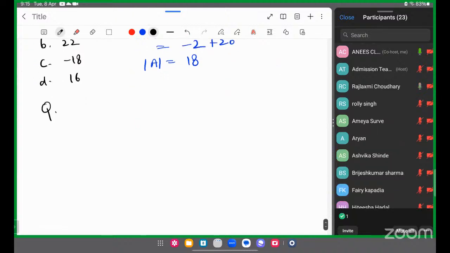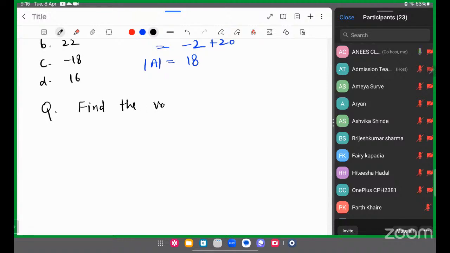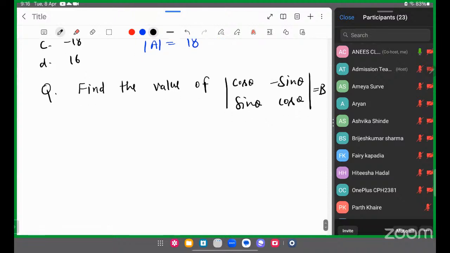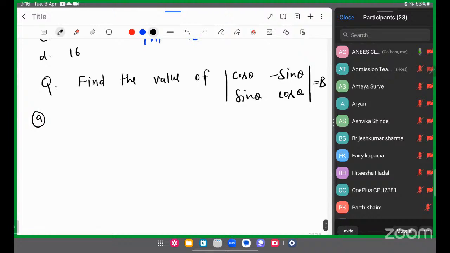Next question is find the value of cos theta, minus sin theta, sin theta, cos theta. Let me name it as matrix B. So what will be the value of this matrix? Options are 1, -1, 2, 0.